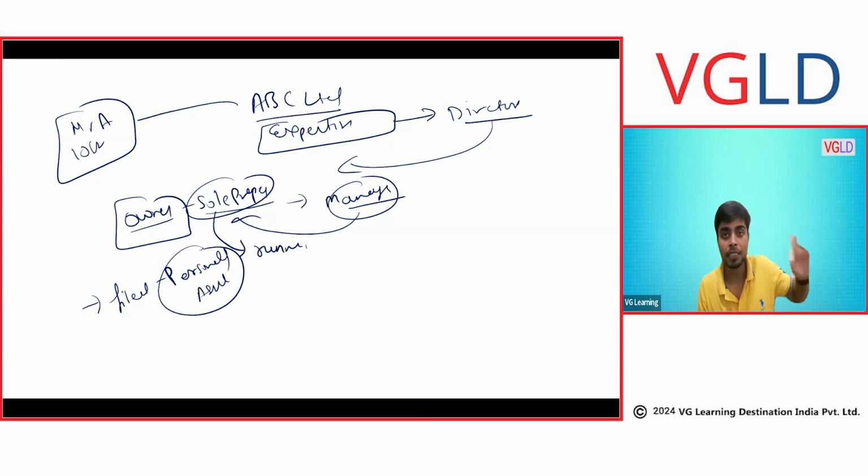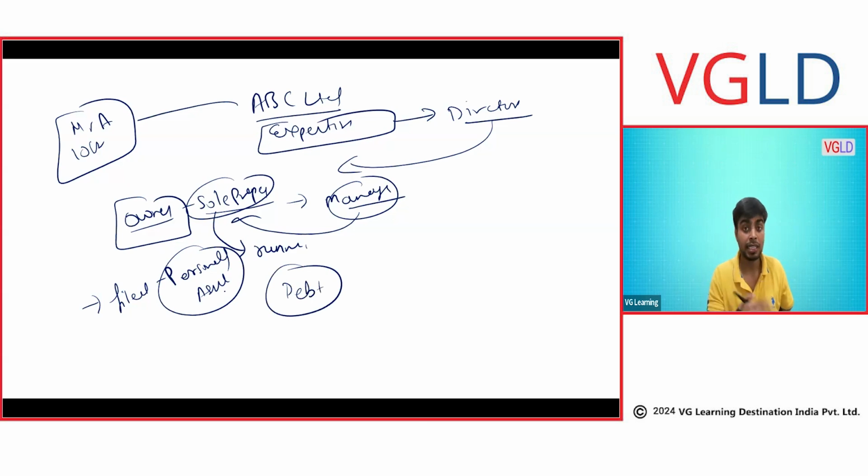His personal car, personal property can be sold, and he cannot complain if the debt of the sole proprietor is not recovered. That is why he is personally liable. But in case of a company, they are not personally liable. Their liability is limited, and that's why Mr. A's personal property cannot be damaged. Only ABC Limited assets can be recovered up to that point. Beyond that, lenders or bankers cannot recover money.